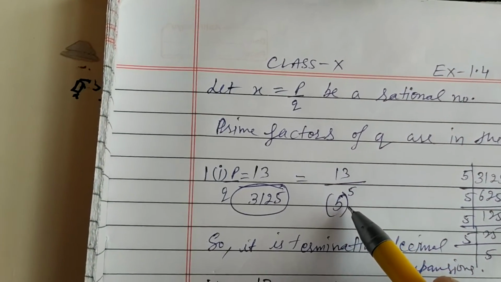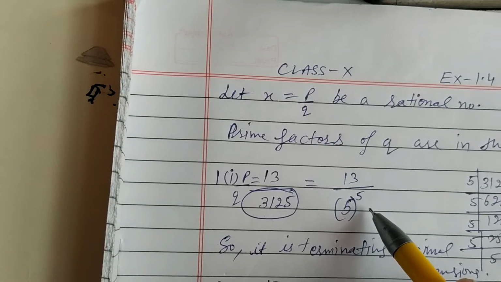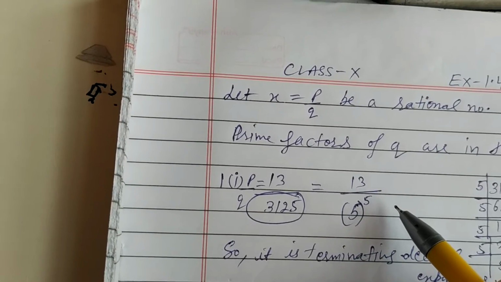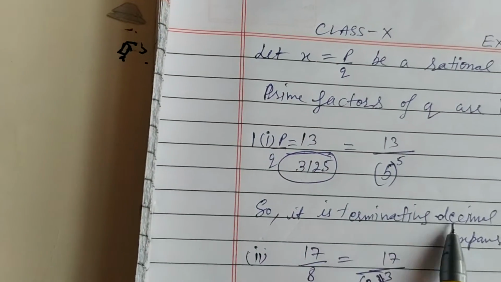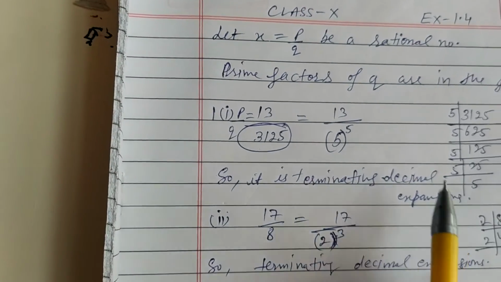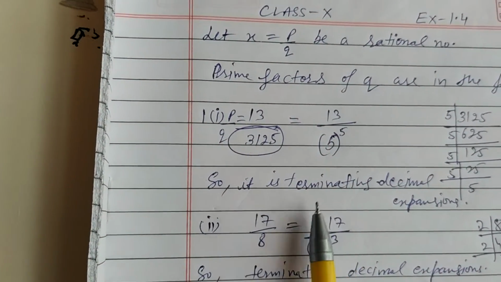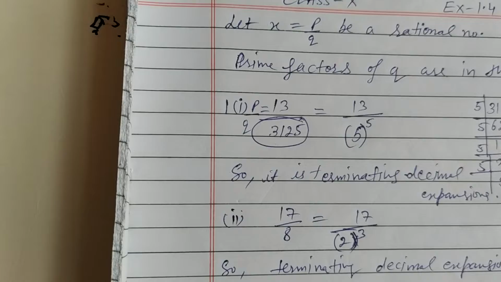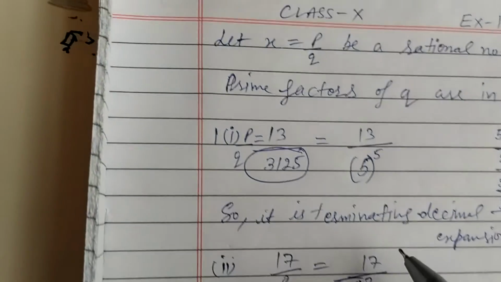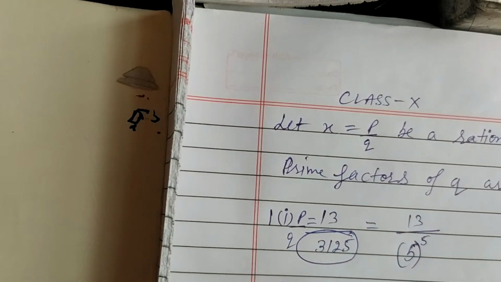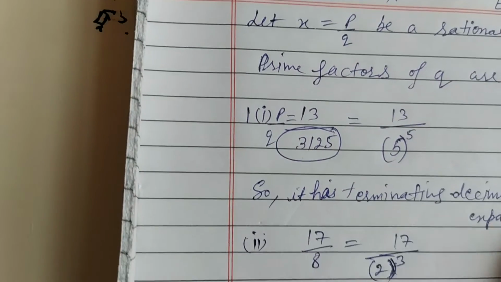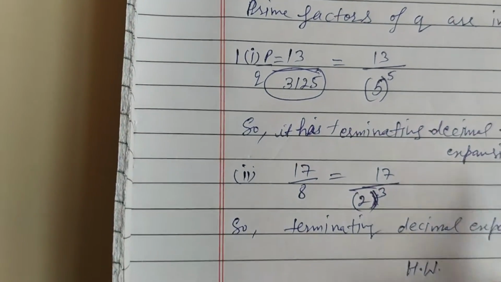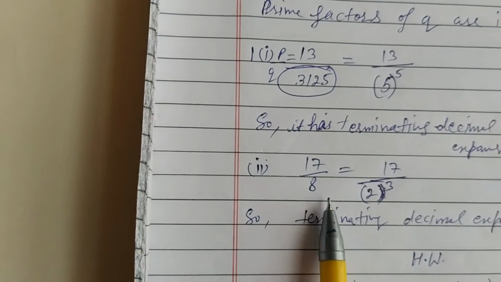Yes, because 2 is not there, it means 2 power is 0. So it is a terminating decimal expansion. This number has a terminating decimal expansion.